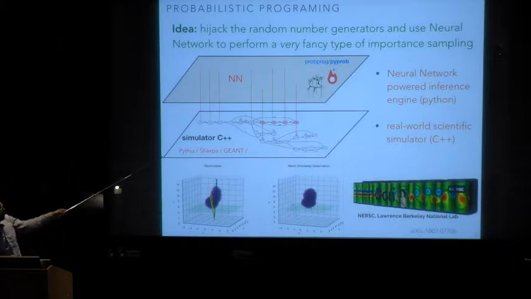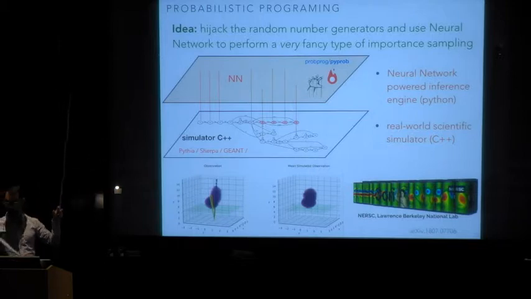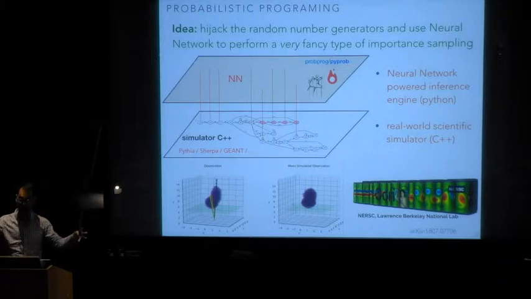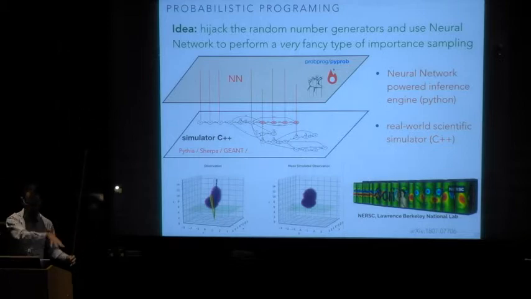We developed a tool, for instance, which is a protocol between the actual scientific simulator that you already spent 20 years writing, and an outside neural network that can reach in and control the random numbers. Basically the idea is either you do some kind of MC Bayesian inference, or you can do a fancy type of importance sampling where you use a neural network to propose what random numbers should be called, and it controls the execution.